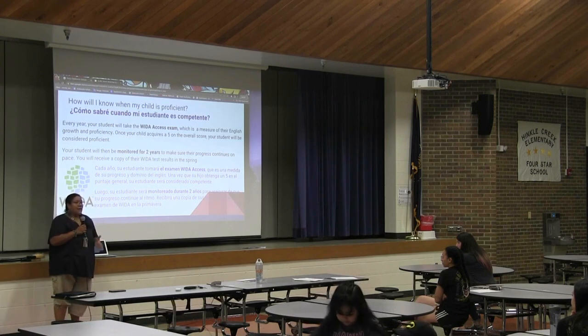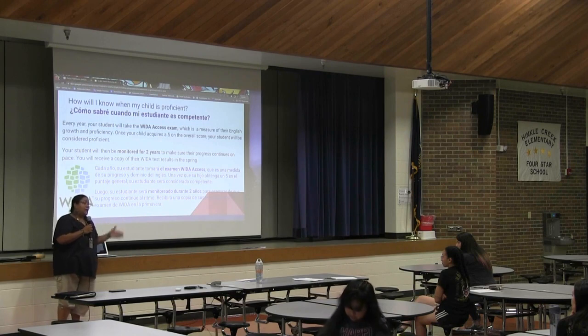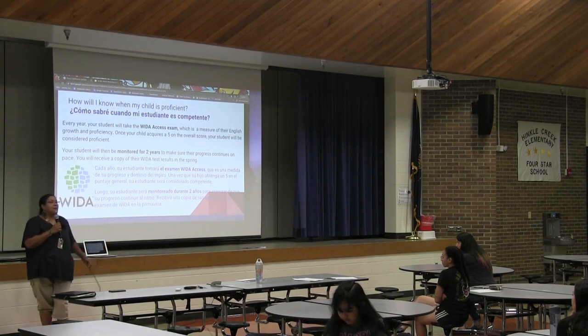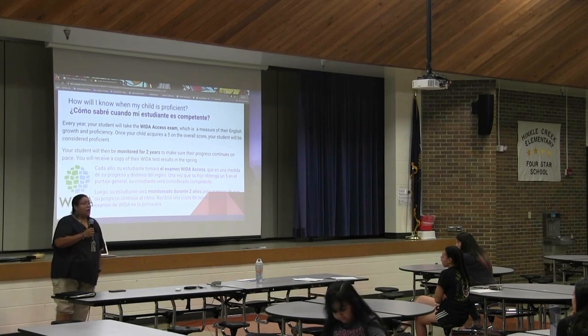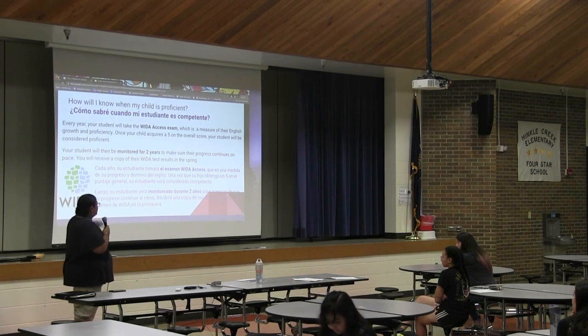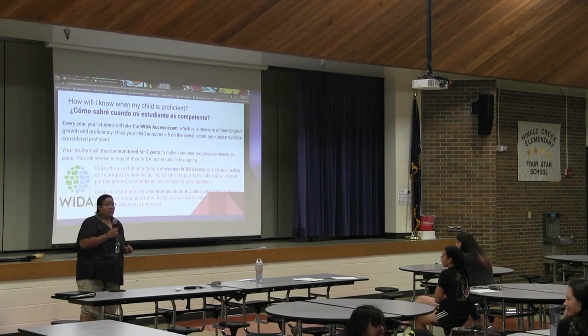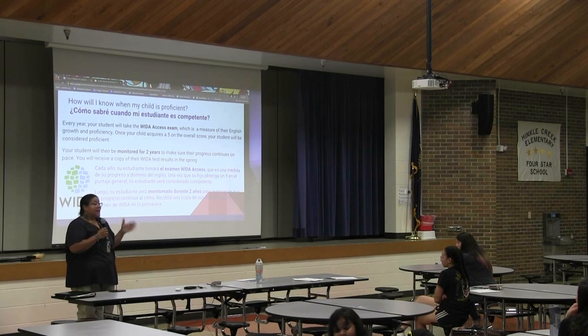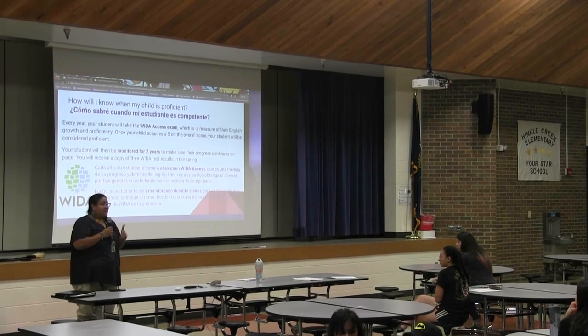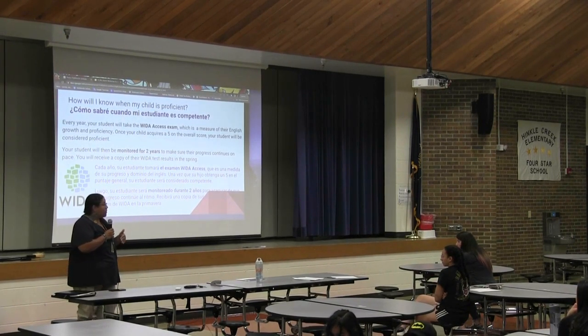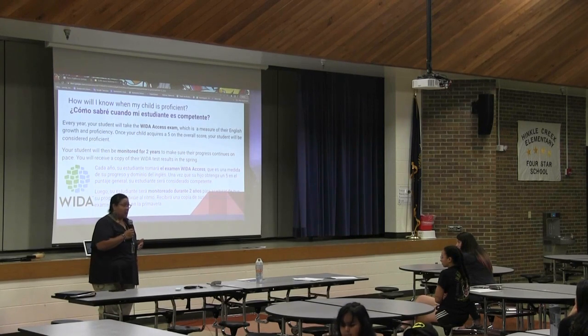esta prueba se pone mucho más difícil con cada año. Por ejemplo, es más fácil lograr el dominio en kindergarten que en 7º grado. Porque esa prueba, esa dificultad crece con las materias de ese grado.